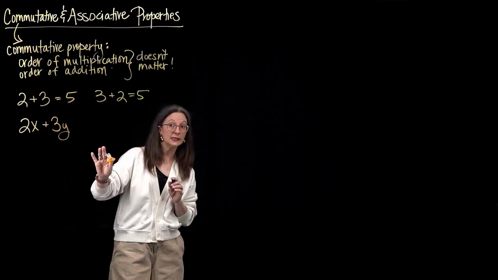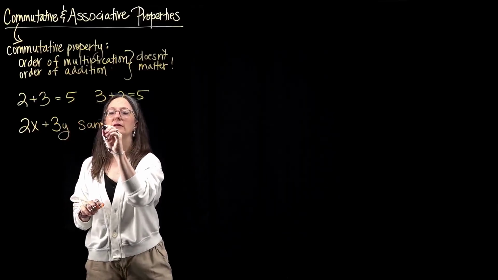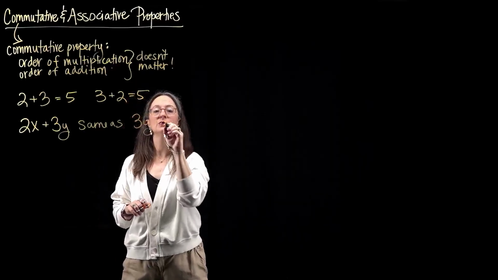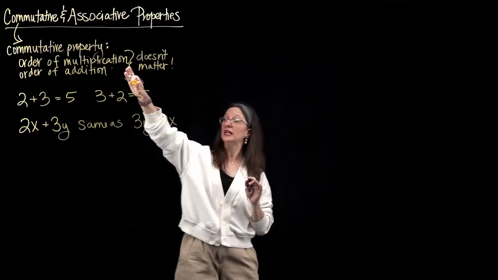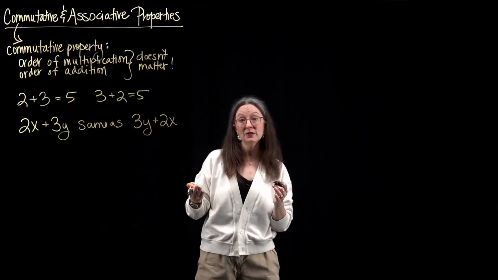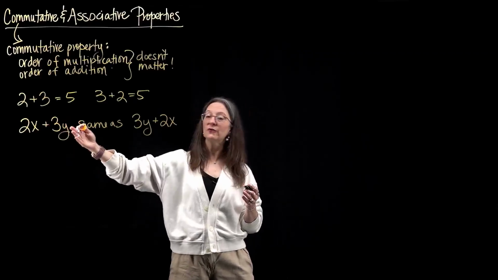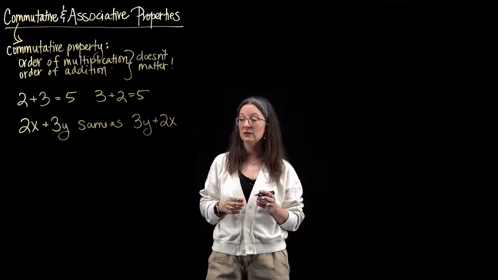We don't instinctively know that this is the same as 3y plus 2x, but it is. Commutative property of addition holds whether we're dealing with numbers or variables. All right, so we can reverse the order of our addition and everything stays the same.